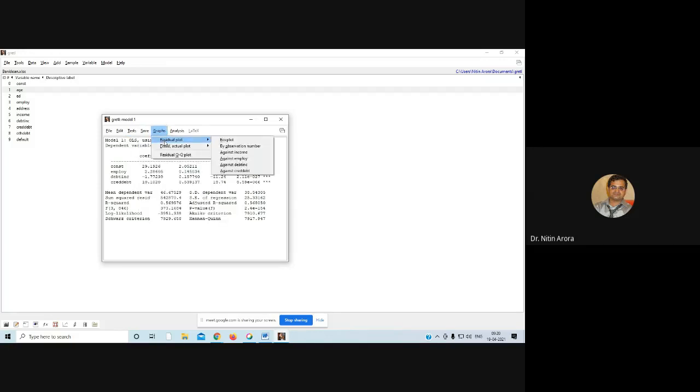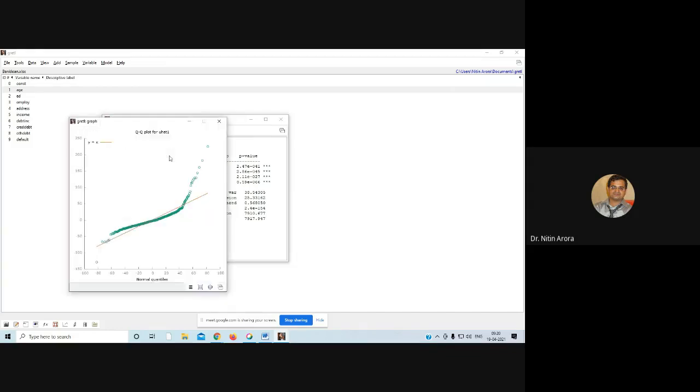If you want to see the QQ plot of residual, QQ plot is used to see whether some variable is normal or not. Residual QQ plot can be constructed. See, this is the line of normality, the red line. More convergence to this line represents more normality.